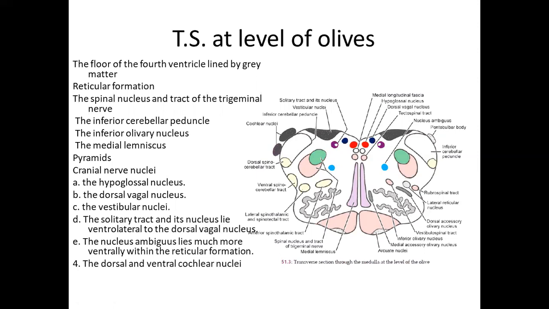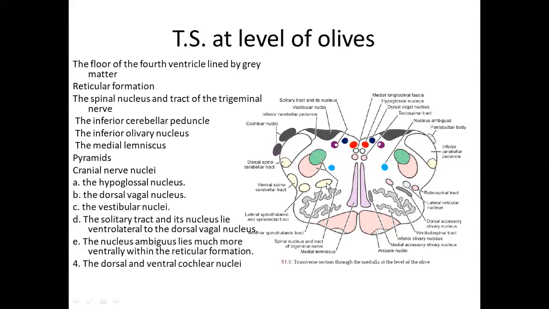Then apart from this, we have inferior olivary nuclear complex along with the medial and the dorsal accessory olivary nucleus, and the extrapyramidal tracts, the rubrospinal tract and the vestibulospinal tracts.